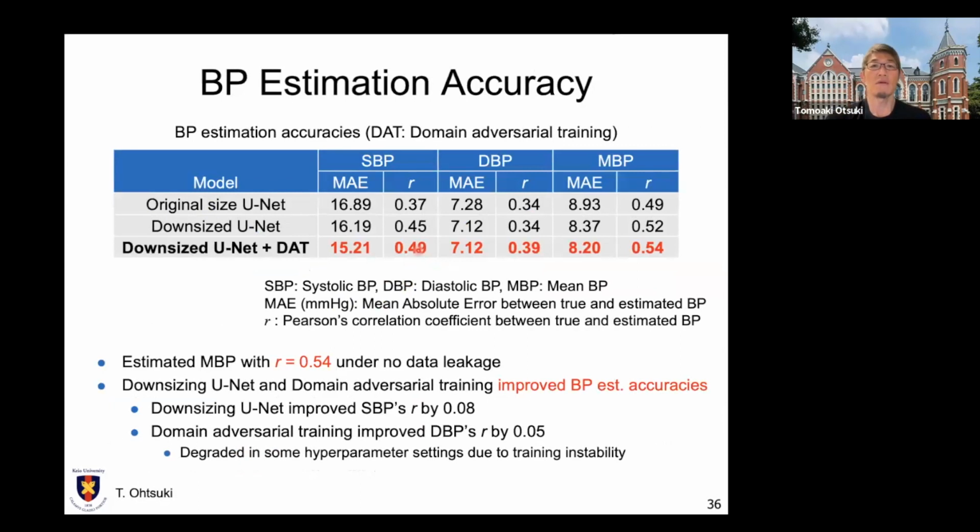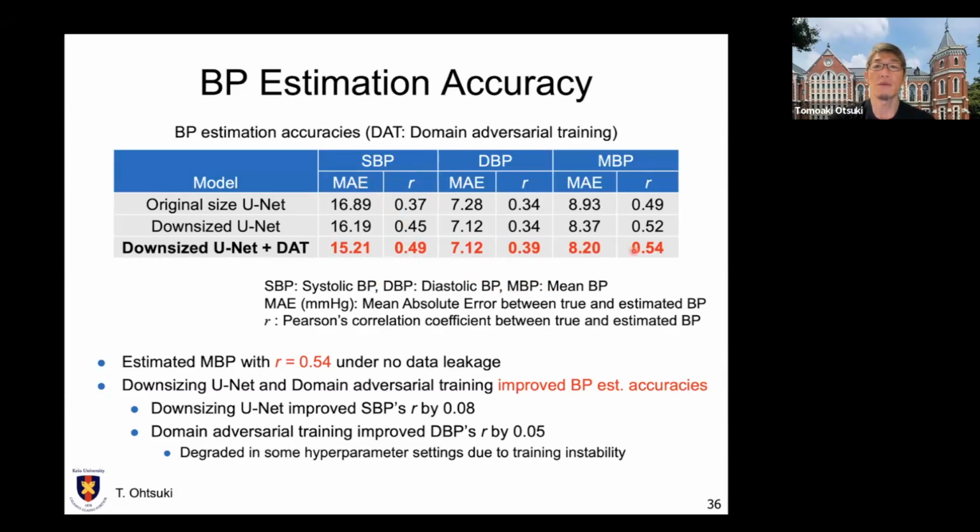So this is the result. Here, the BP estimation accuracy is shown. SBP, DBP, MBP represent the systolic blood pressure, diastolic blood pressure, and mean blood pressure. MAE is the mean absolute error between the true and estimated BP, and R represents the Pearson correlation coefficient between true and estimated BP.